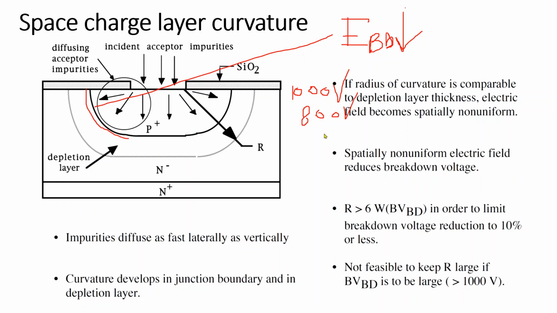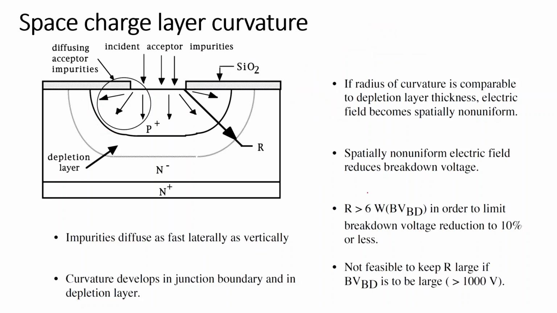Okay, so there is a rule that if this radius r, which is the radius from the mask to the depletion layer, so this is the p-type region, and then this is the depletion layer in the n-type material. Similarly, there will be some depletion region in the p plus type material, like this. So the total width of the depletion layer is this W.